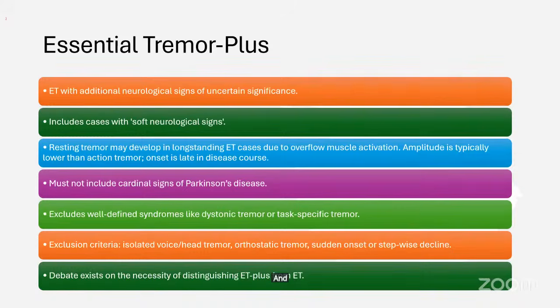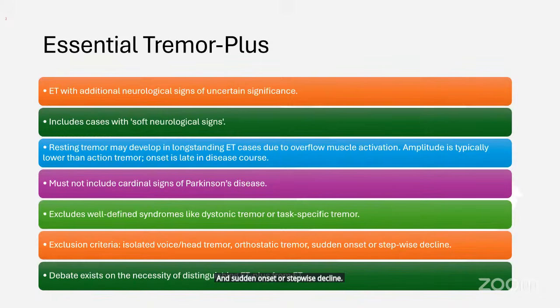They must not include cardinal signs of Parkinsonism, and we exclude well-defined syndromes like dystonic tremors or task-specific tremors, or isolated voice or head tremors, or orthostatic tremors, and sudden onset or stepwise decline.